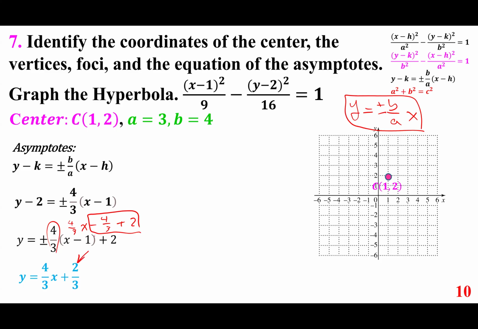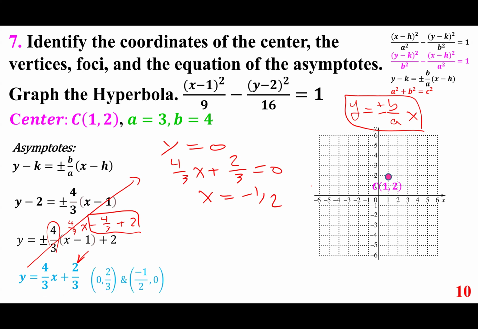If you set y equal to 0, that means 4/3 x plus 2/3 equals 0. X becomes negative 1/2. And there you have it. So you could locate 0, 2/3 somewhere here, negative 1/2, 0 somewhere here, and you have your asymptote, one of them.